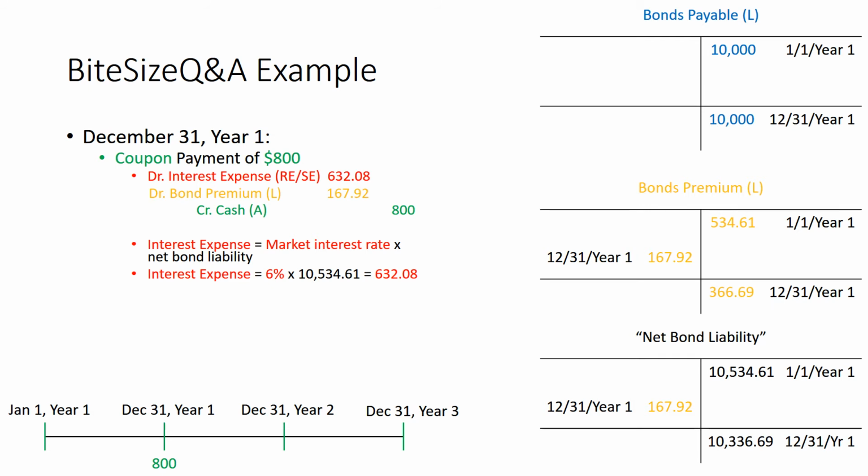And so after the payment of the coupon, we notice our bonds payable remains the same at $10,000, but our premium account has gone down, and now it'll have a balance of $366.69, which means the net bond liability we have on December 31st, year 1 is $10,336.69.